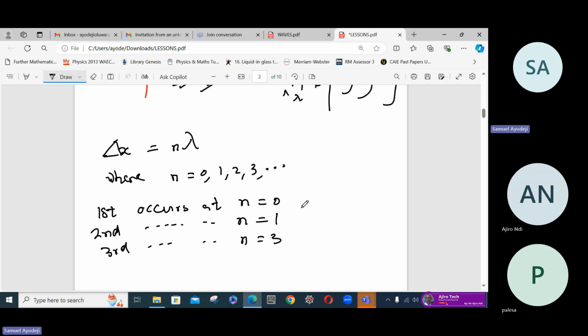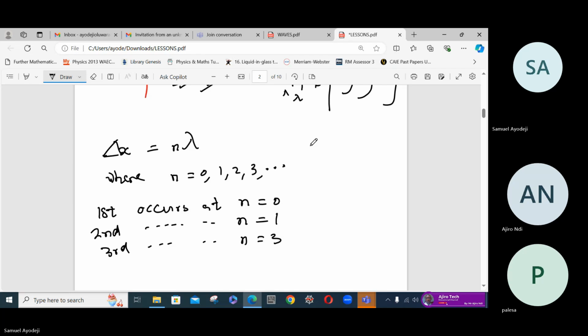I think you get the logic now. So for the first constructive interference, n is equal to 0. What should be the path difference for the first one?